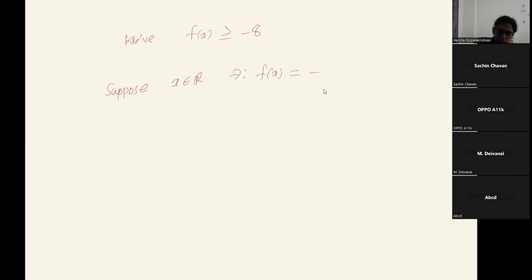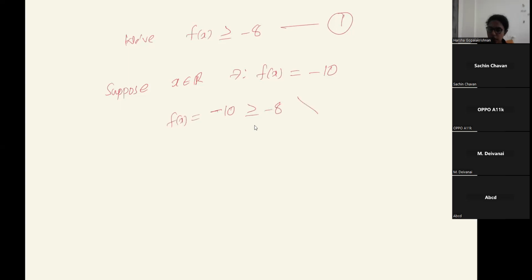This condition, f of x greater than or equal to minus 8, we already have. So if there exists an x such that f of x equal to minus 10, then we should have minus 10 greater than or equal to minus 8, which is wrong, right?